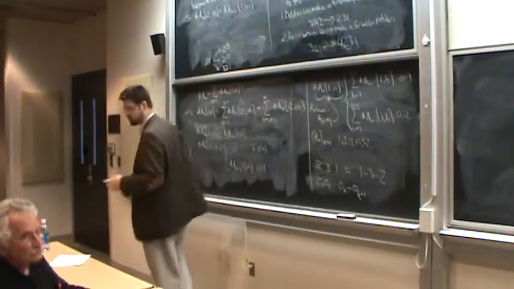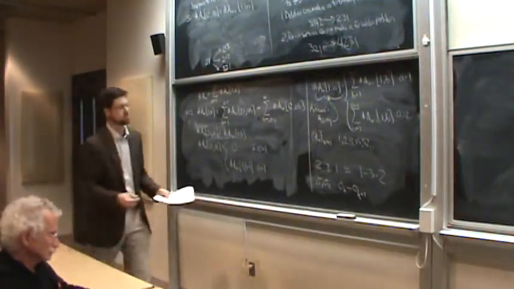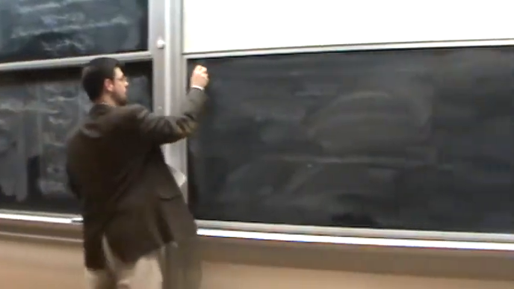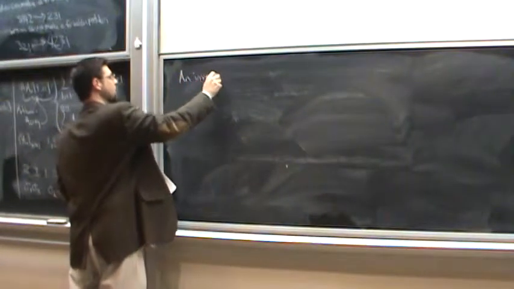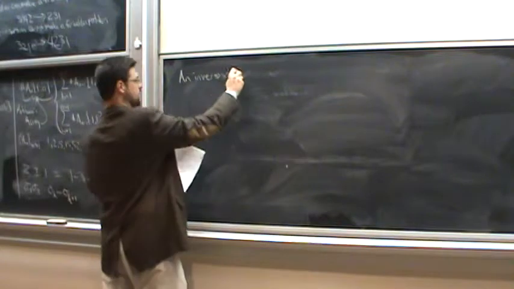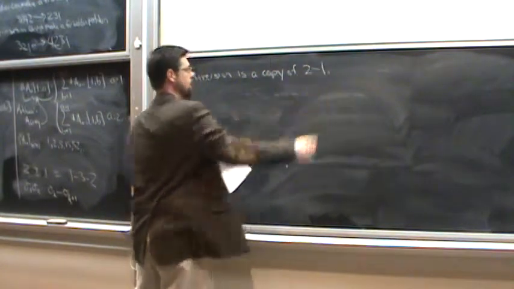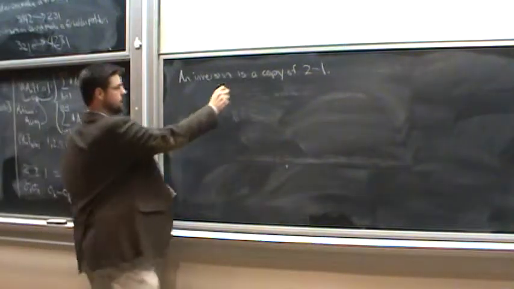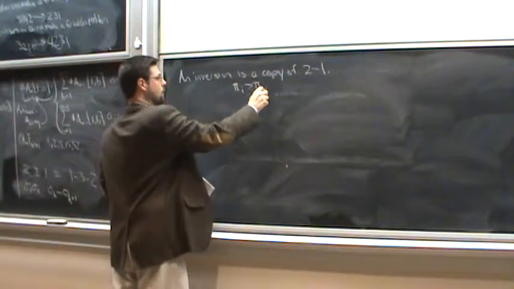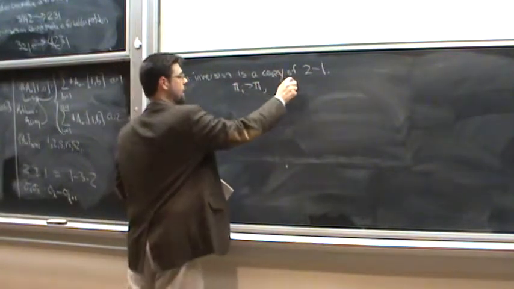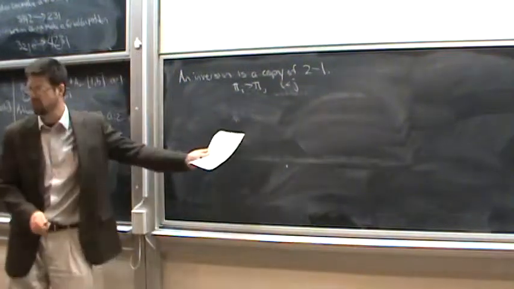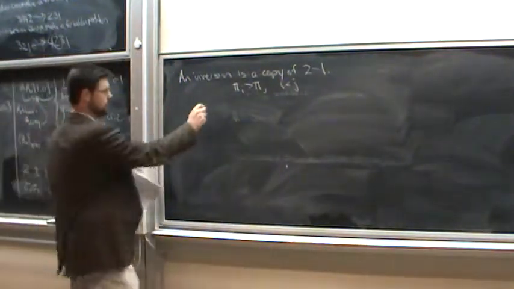There's a property of permutations known as the inversion number, the number of inversions. What this is, is a copy of a certain pattern, 2-1. This is really letters pi i greater than pi j for i less than j. The number of times you have a larger number in front of a smaller number.